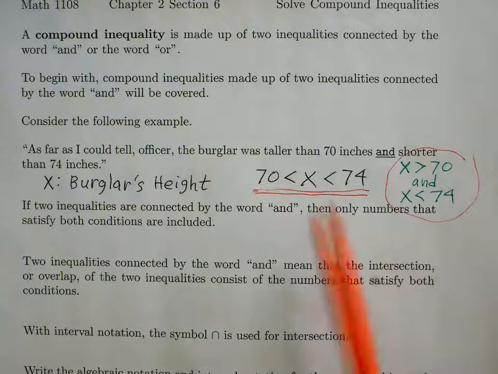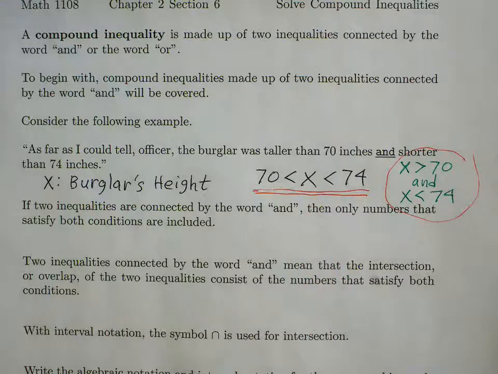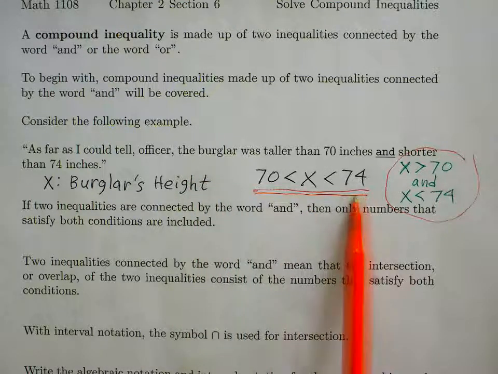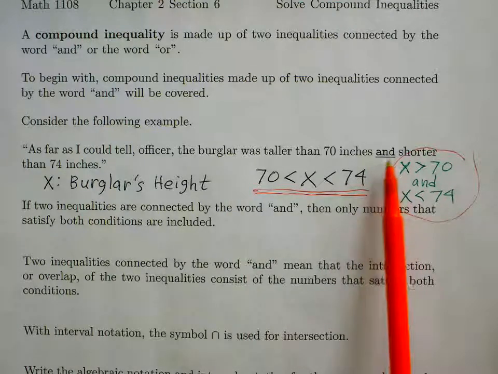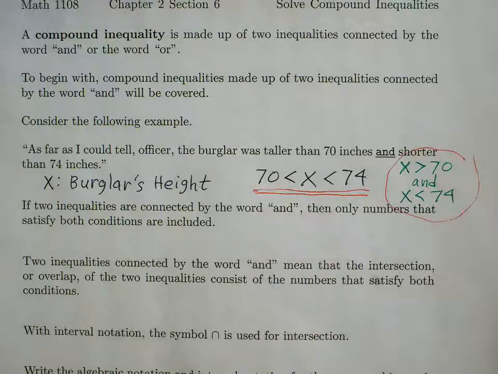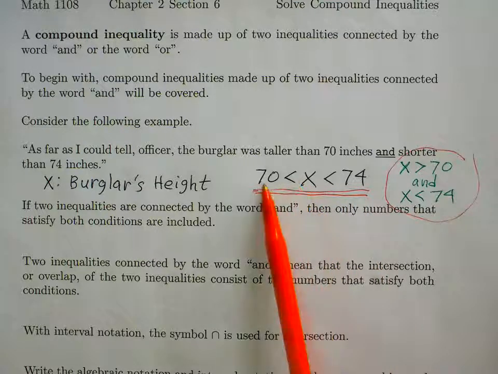If you just considered x less than 74, well, 68 is a number that's less than 74. But when we're using the word and, a number x has to satisfy both conditions at the same time. Not only is x less than 74, x is also greater than 70.